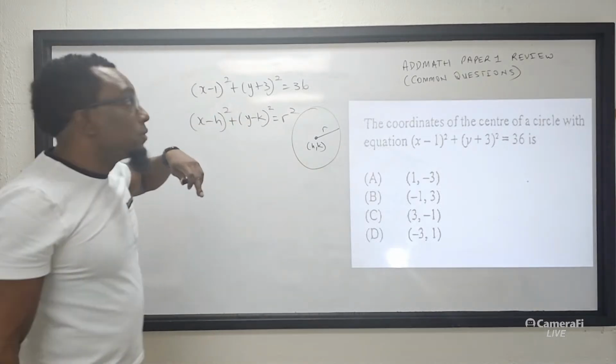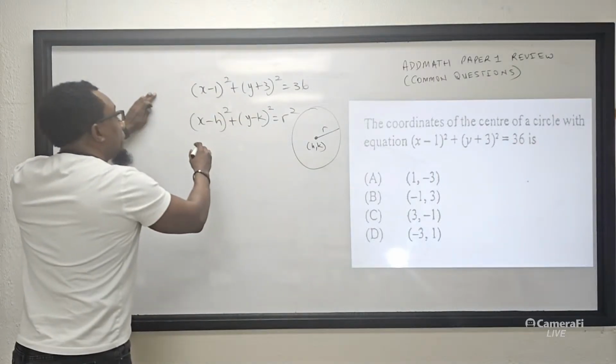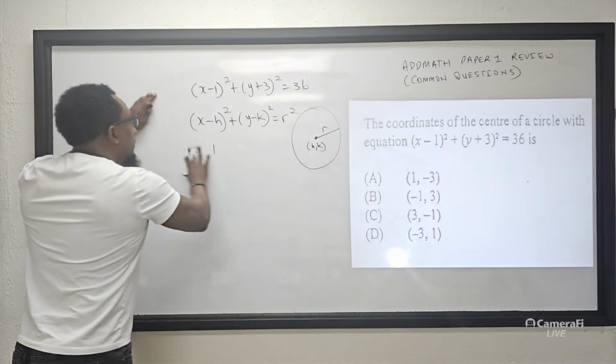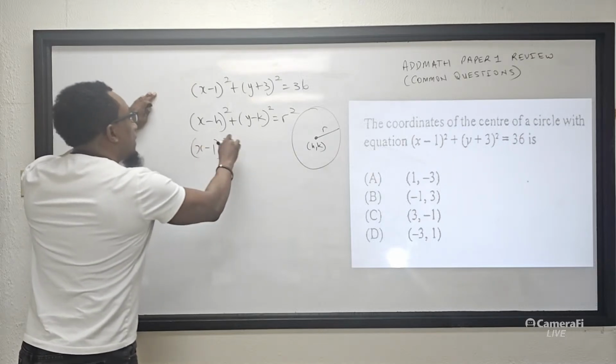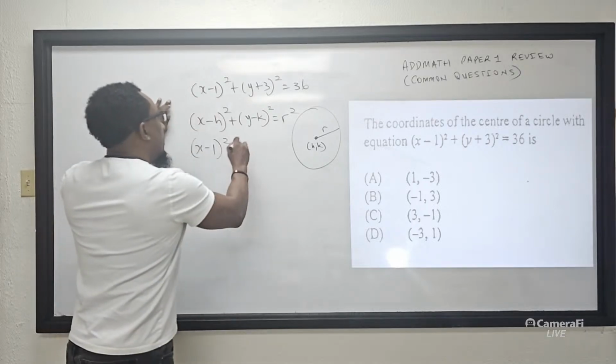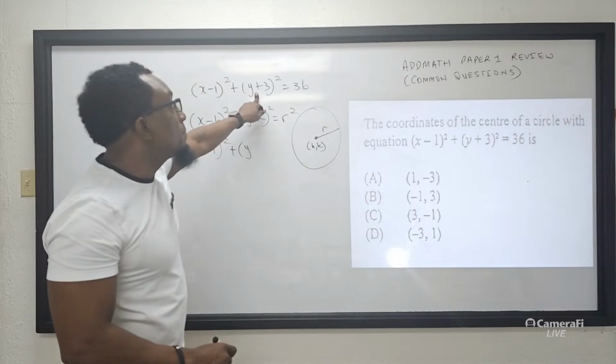So for it to directly correspond, this is x subtract 1 in bracket squared as in x minus h, already know h is 1, plus y subtract k, this is y plus 3.